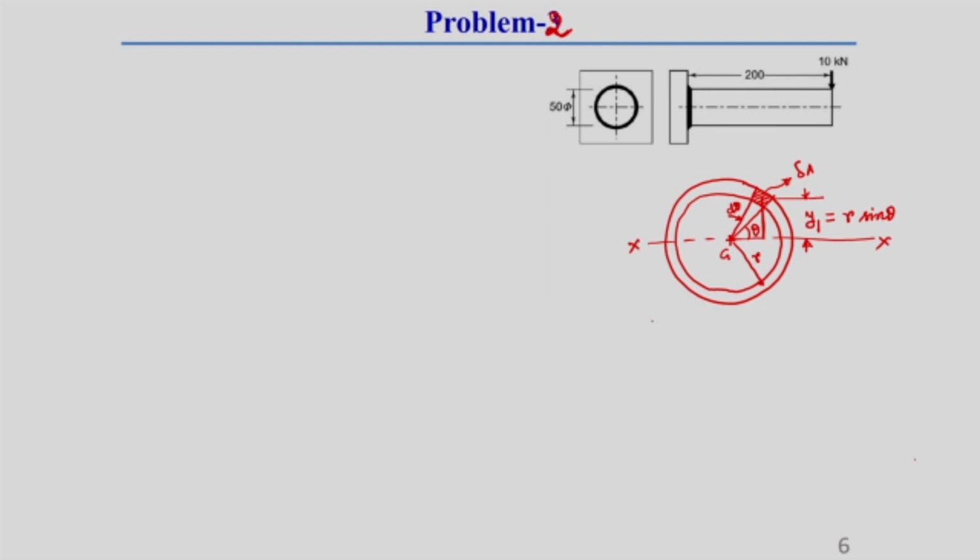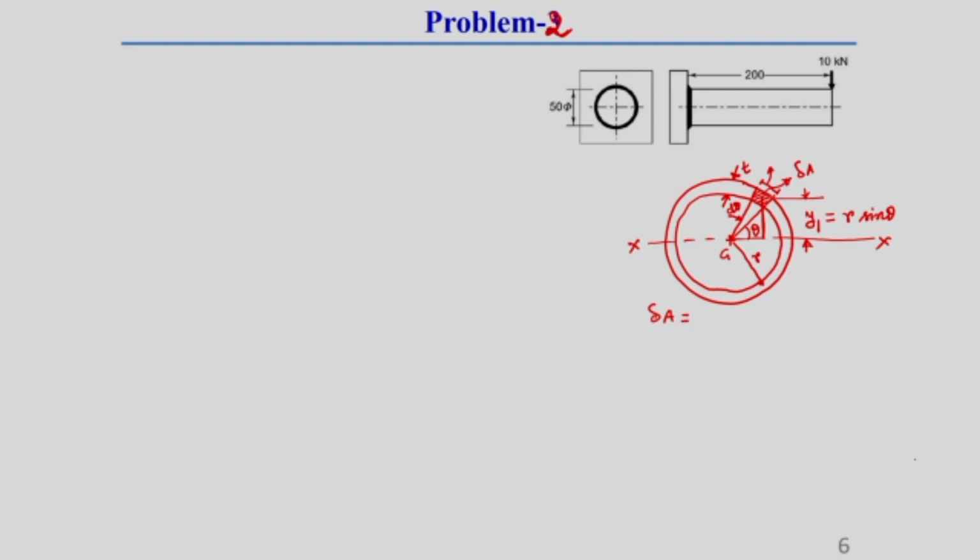Here we can easily find what the small elemental area delta A is. Let the throat thickness of this weld be T, and we consider this a small rectangular element.